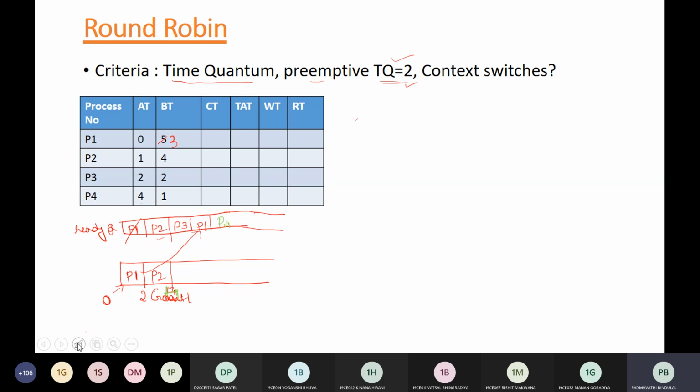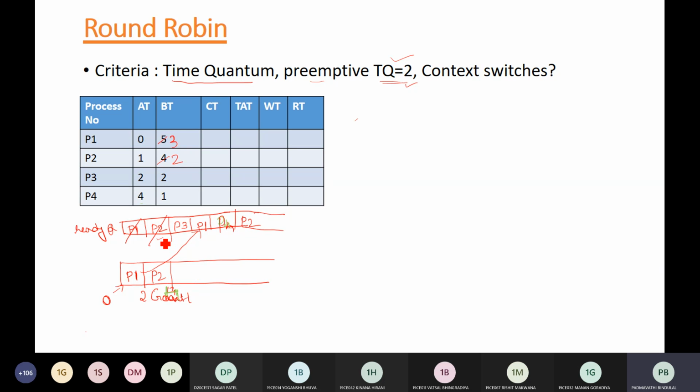Push the remaining part of P2: P2 had to be executed for 4 seconds, but you have executed only 2 seconds.